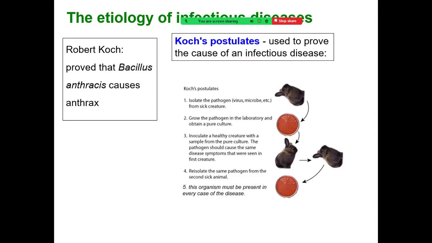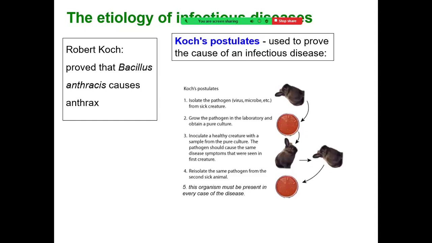And then if you take that microbe that's been purified and inject it into a healthy host, in this case, a healthy bunny, and if that bunny becomes sick, as this bunny did, and that's why the bunny is on its side, because it's a sick bunny. Oh, the poor bunny. Then that's indication that this microbe causes this disease.